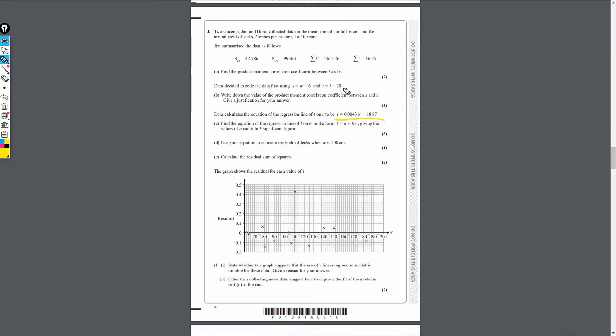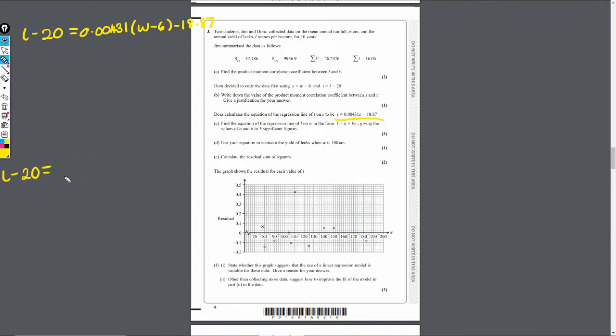So t is l minus 20, so l minus 20 is equal to 0.00431s, where I can substitute s in, and then I can carry on with this. I've run over a little bit, so this is minus 18.87 at the end. All I've got to do now is simplify.